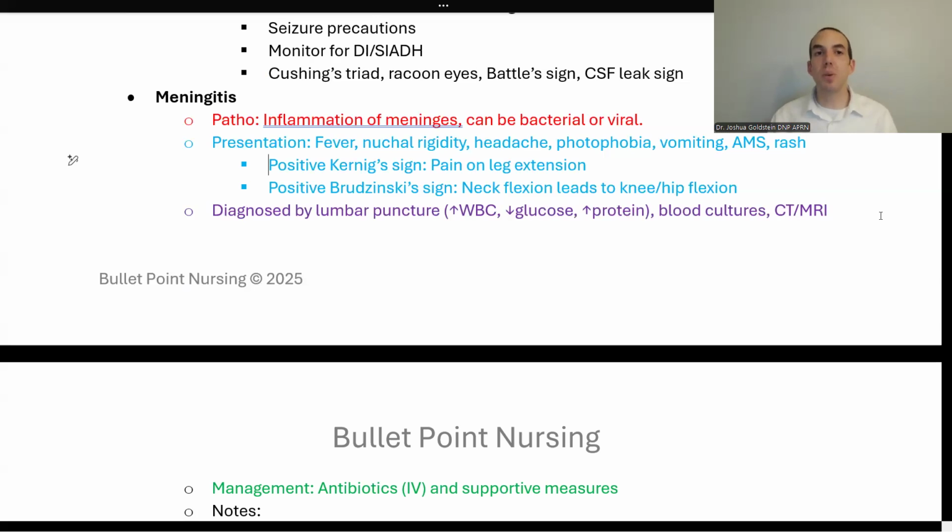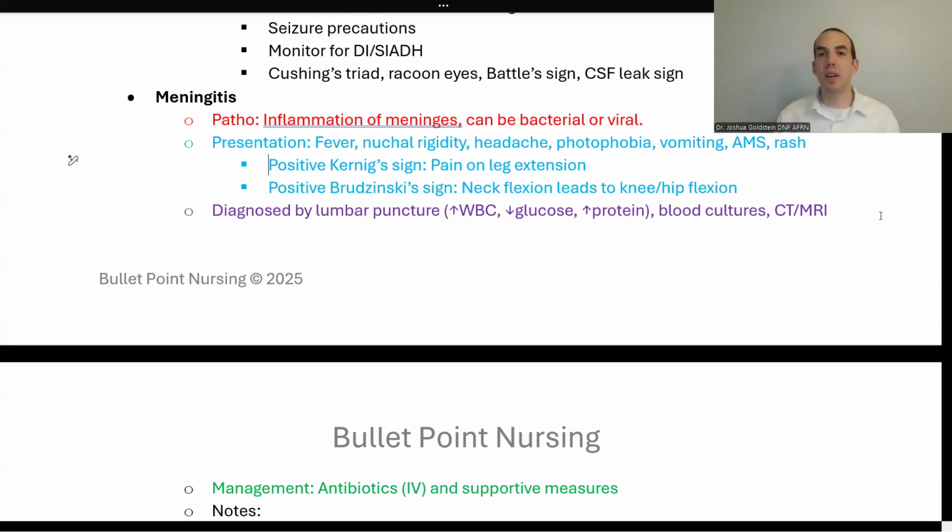Next, let's talk about meningitis. We're almost at the end. Meningitis, the pathophysiology is inflammation of the meninges. That is self-explanatory. This can be bacterial or viral. The presentation here is a fever, sometimes very high, sometimes minimal, depending. Nuchal rigidity is by far the most tested point about meningitis. It's where they have a stiff neck and they cannot lower their neck or it's really going to hurt them.